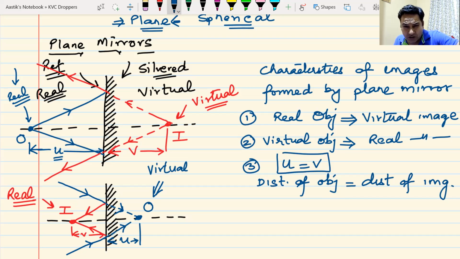The object distance is known as u, the image distance is known as v. Do we understand this? I'll give you time to note it down. u is equal to v.